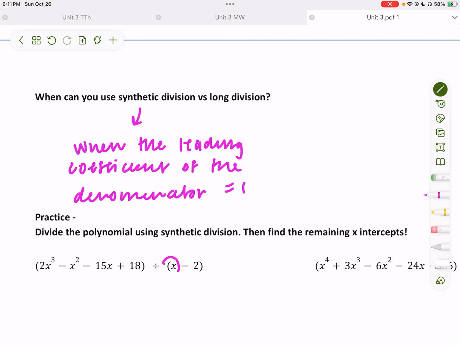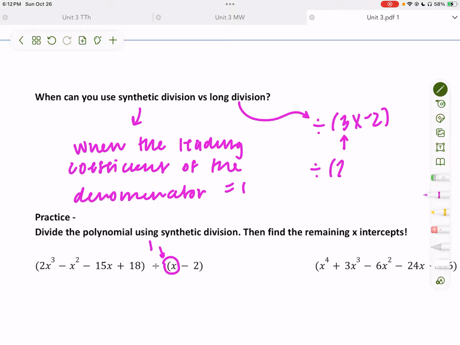So essentially this right here has to equal 1. If you were dividing by, let's say, 3x minus 2, that's when you have to use long division. As long as that is not a 1, you cannot do synthetic division.